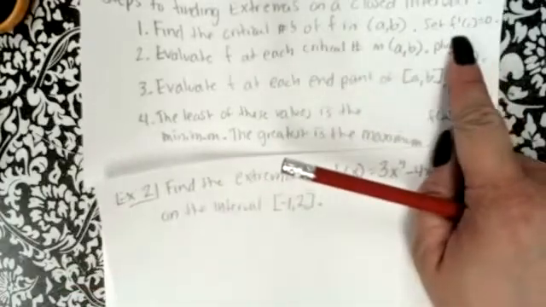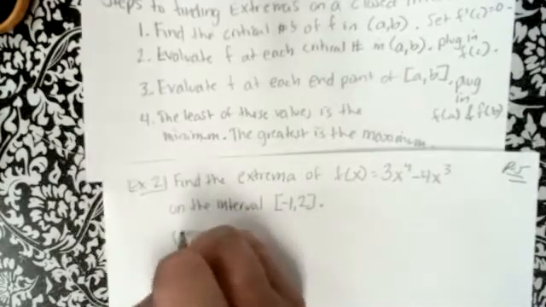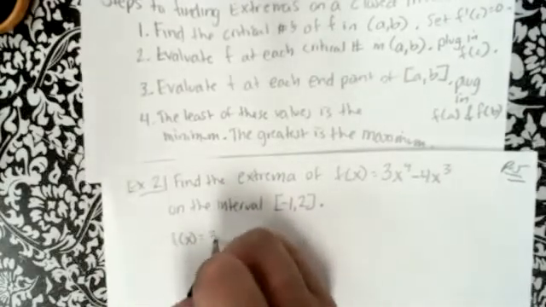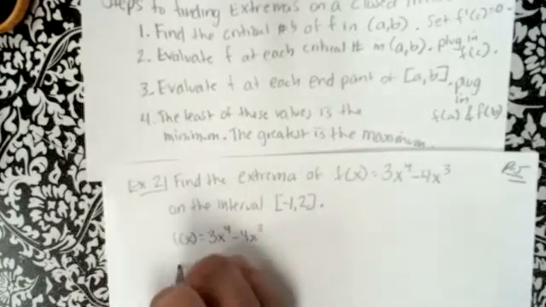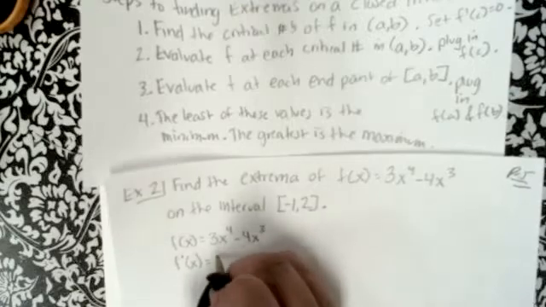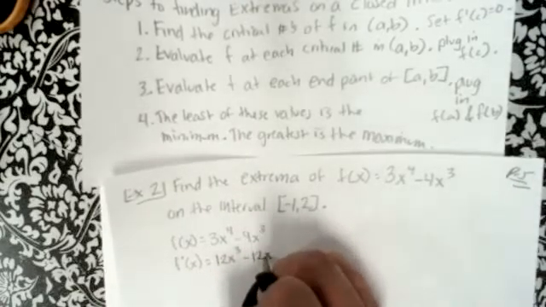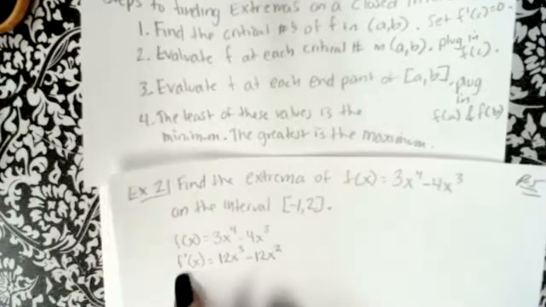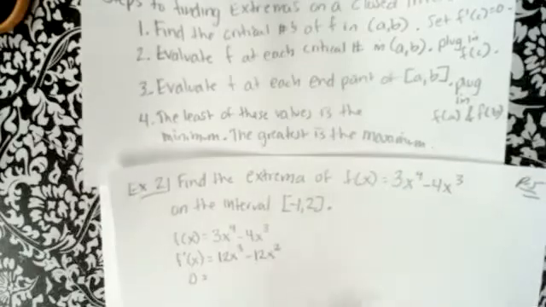The critical points are where the derivative equals 0. So the derivative here is going to be 12x cubed minus 12x squared. I have to set the derivative equal to 0.